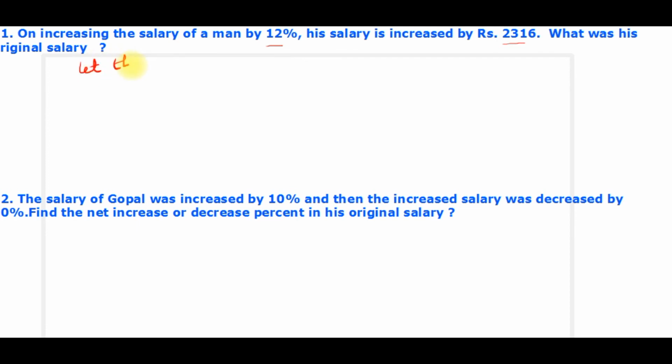Let the salary be 100%, therefore after the rise 100% plus 12%.